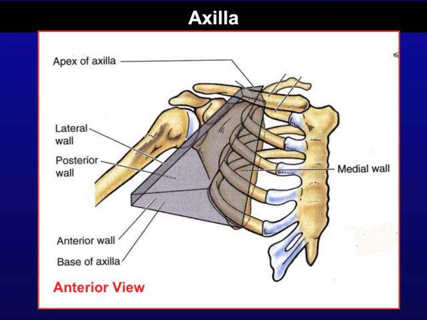In fact, the base of the pyramid is precisely where you put your hand if you were to put it in your own axilla. Try and realize that the axilla is actually a large area between the upper part of the arm, the chest wall, and the clavicle and the scapula.